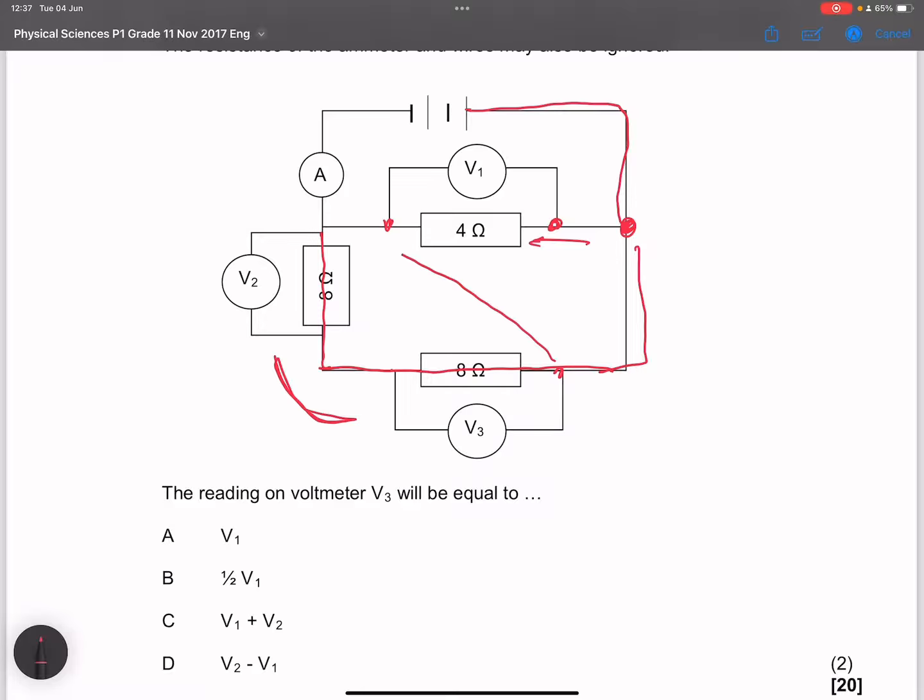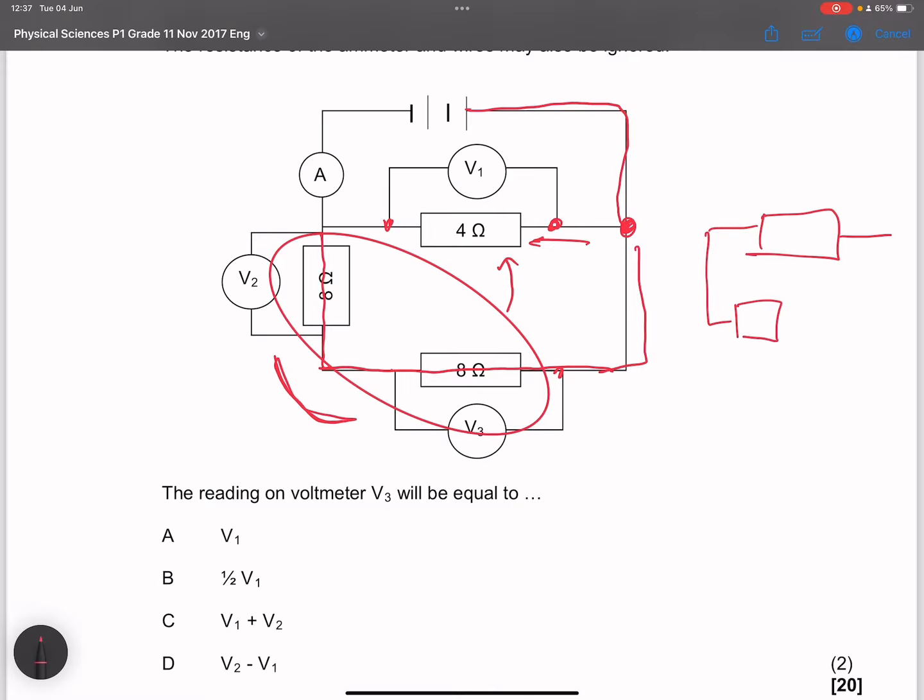And it is the combination of both resistors that is in parallel to the 4 ohm resistor. So in essence, what we actually have is the 4 ohm resistor there, and we've got 2 resistors over here, and these are the 8 ohm resistors respectively. Now what happens? It means the voltage on V1 will be equal to the voltage on both these resistors together.